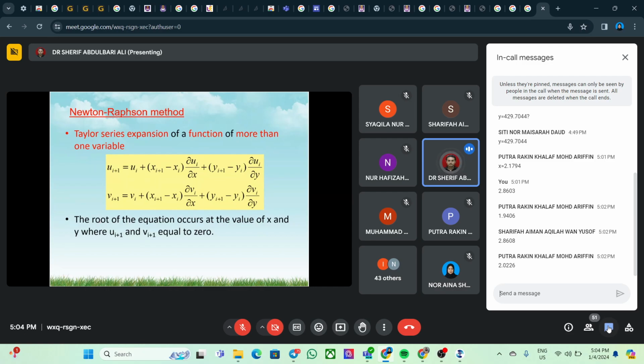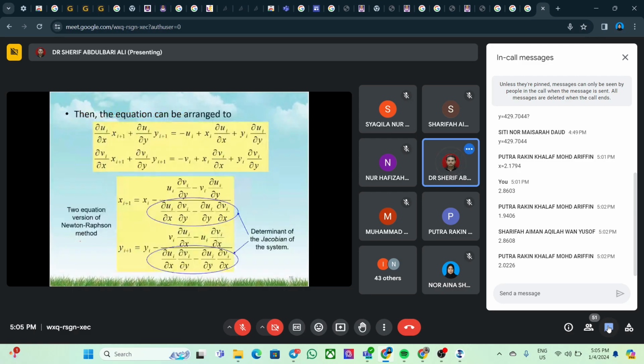The root of the equation is the value of x and y where the functions u and v are equal to 0. So function u will be equal to 0, and the second function v will be equal to 0. We need to find the value of x and also the value of y.